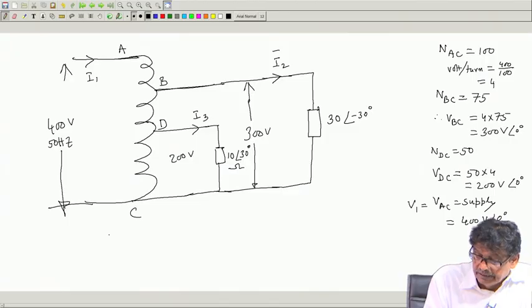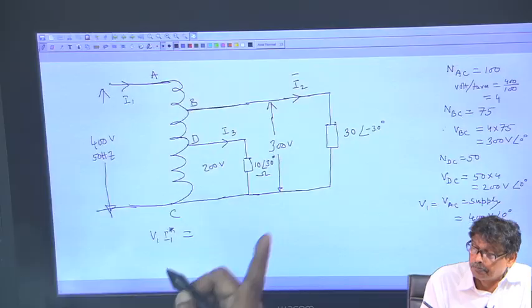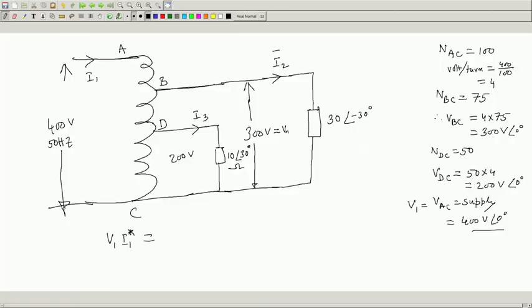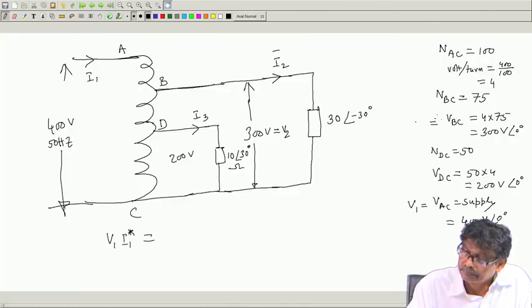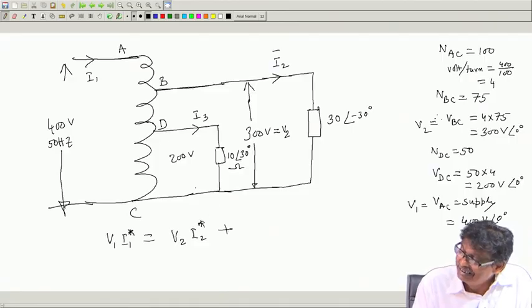So, I will say that V_1 I_1 star, the total complex power absorbed through the terminals AC, is V_1 I_1 star. This must be equal to, suppose I say this as V_2, V_2 I_2 star plus V_DC, suppose I call it V_3, V_3 I_3 star.